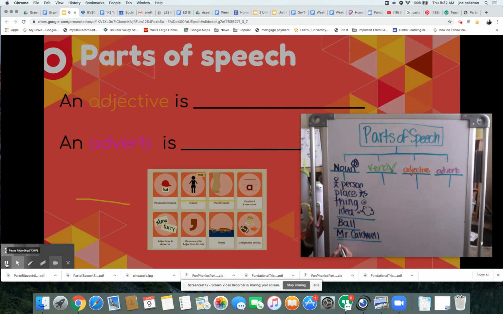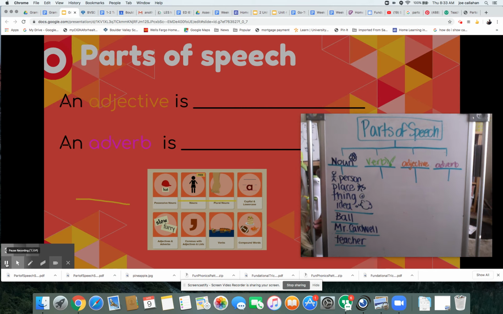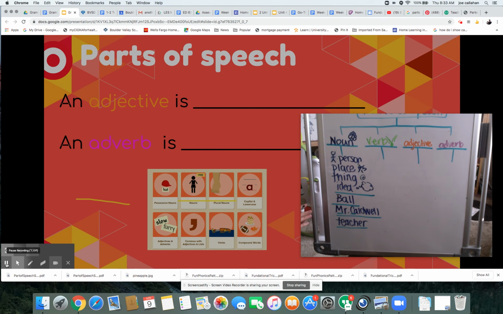Would I capitalize teacher? No, but I would capitalize Miss A or Mr. Caldwell because it's a proper noun. It's a specific name. How about love is an idea? And let's add a place.